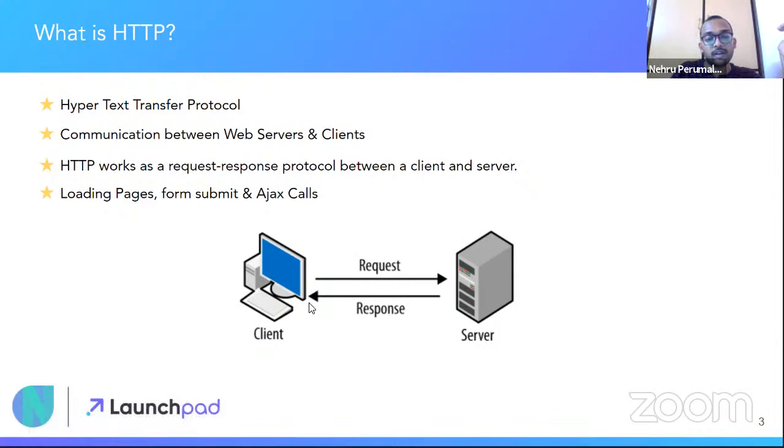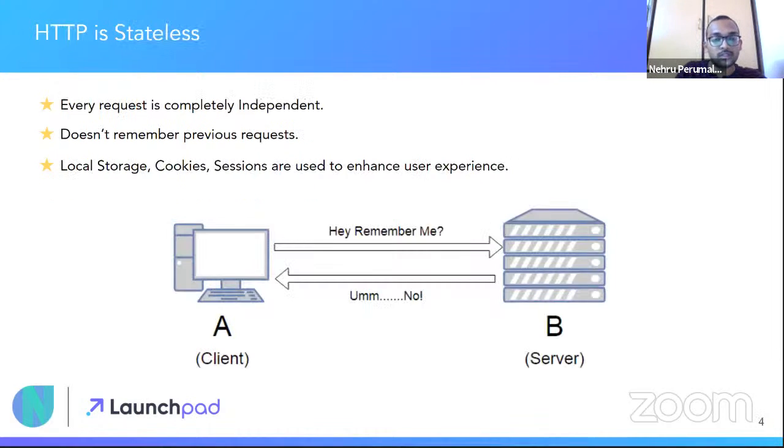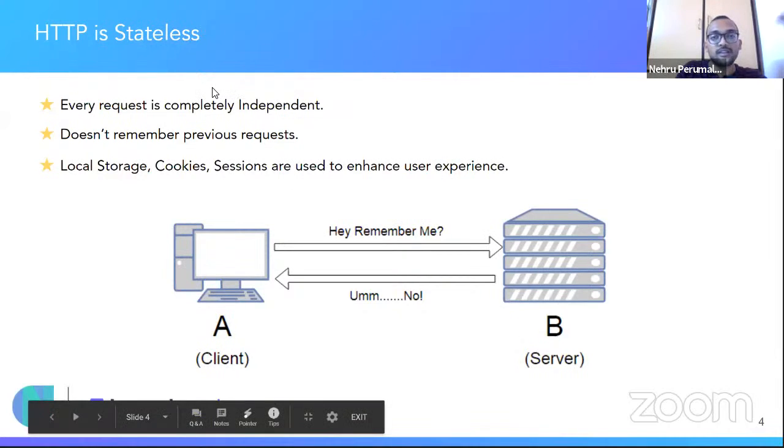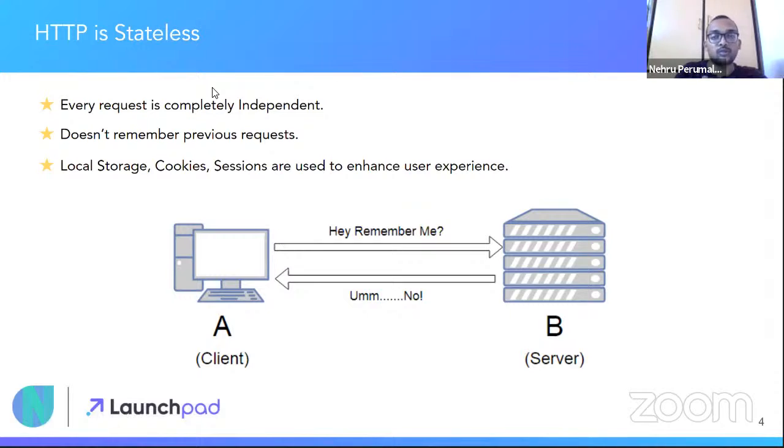In the second step, again the client is requesting some data and the server is responding to that particular request, but it doesn't have any connection with the previous request and response. So stateless means the initial request and the second request don't have any dependency. The two things are very different.